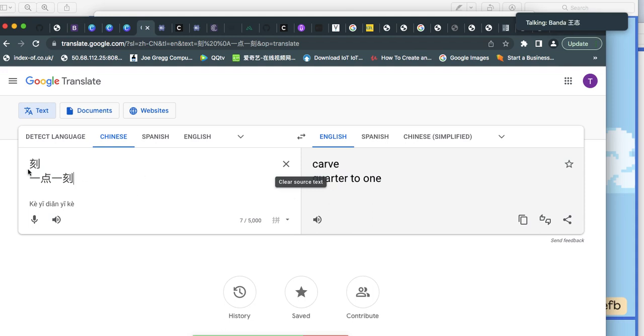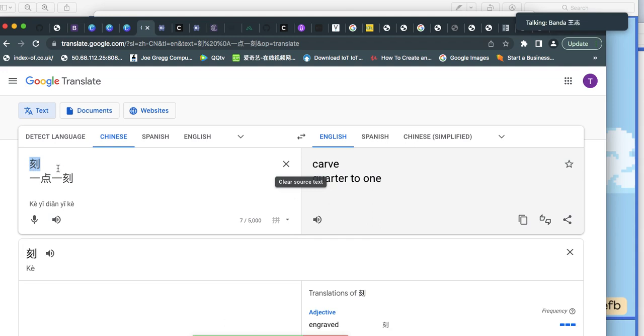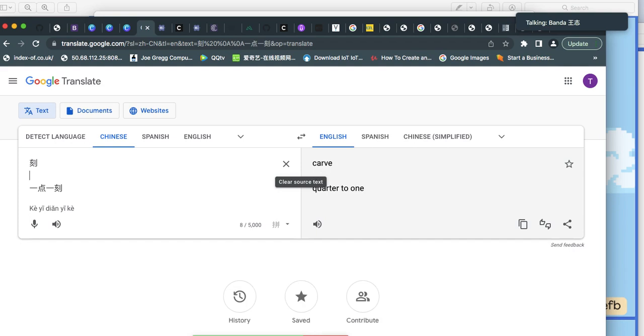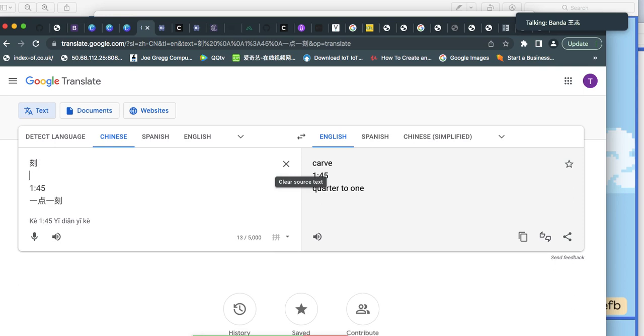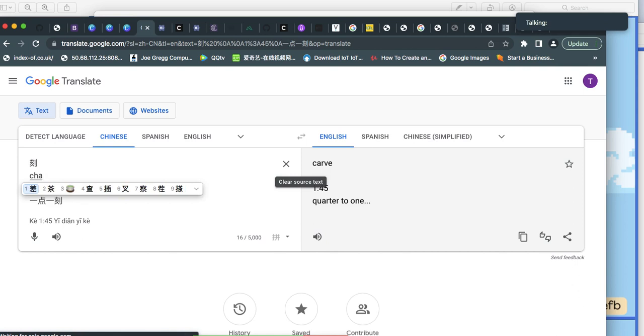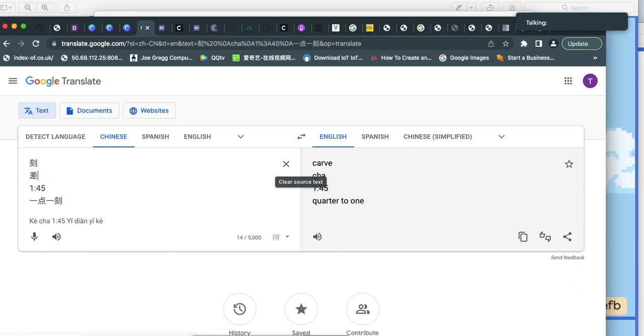All right, we're just about to touch on that. So sometimes when we are 15 minutes to another clock, let's say we have 1:45, we would incorporate the word that shows that we are lacking something or the difference, which is cha. Okay, this one here.